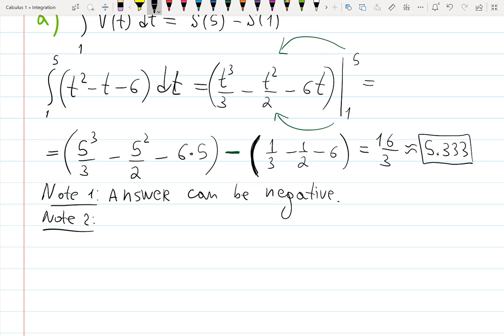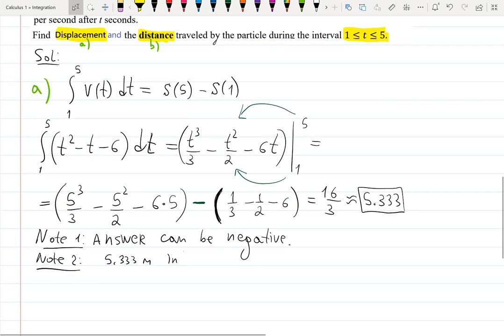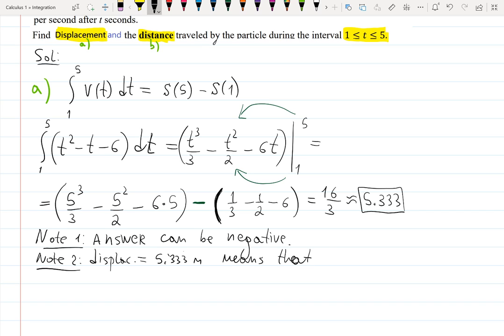Our answer, so 5.333 meters, for, we're looking in this case at displacement. I would say like this: displacement equals 5.333 meters means that the particle is located, so it tells you the location, that's why it's called displacement.